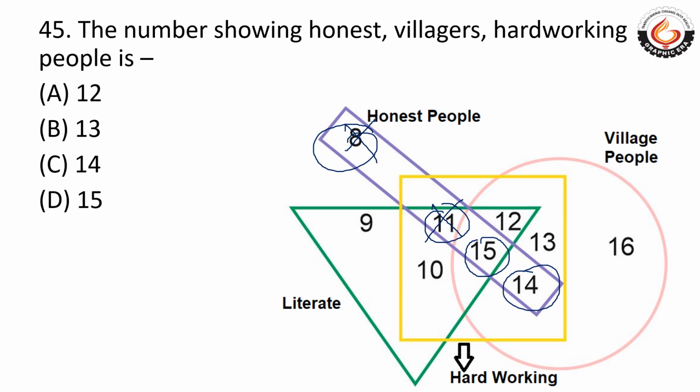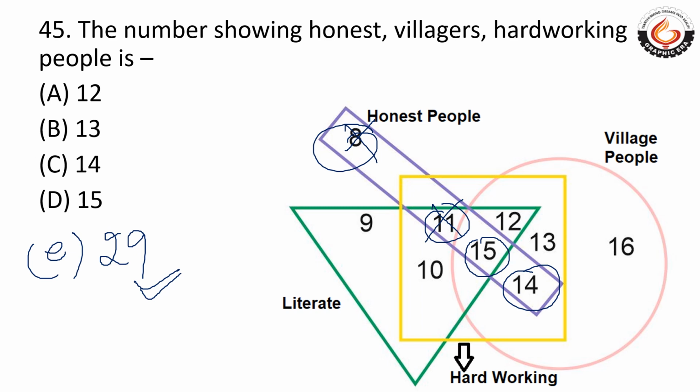This 15 and 14 satisfy both the conditions, but if we go by a sum, 29 is not given. If there had been an option 29, then this would have been correct, but 29 is not given, because 15 and 14 both numbers are honest also, villagers also, and hardworking also.